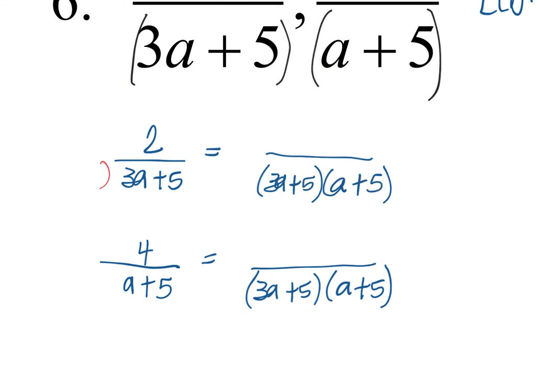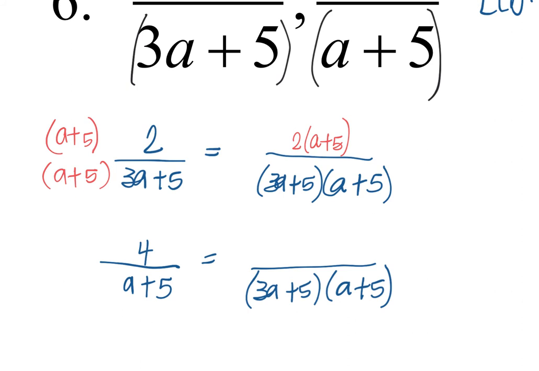Well, all you've got to do is multiply it by a plus 5. And what you do to the bottom, you must do to the top. So our equivalent expression is 2 times a plus 5 over 3a plus 5 times a plus 5.